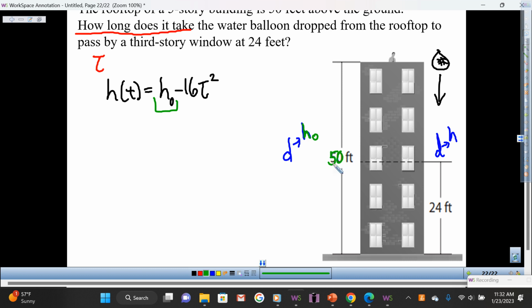So that means here we're going to substitute the 50. I bring down the negative 16t squared. So that means the other height, this one over here, is going to be our H of t, or our distance. So I'm going to substitute what? 24 on this one. And that leaves us with trying to figure out t. So, Diego, Romo, what method do you want me to use to solve this?